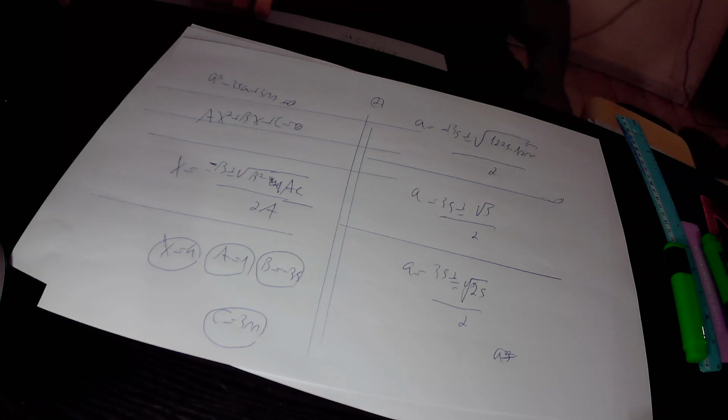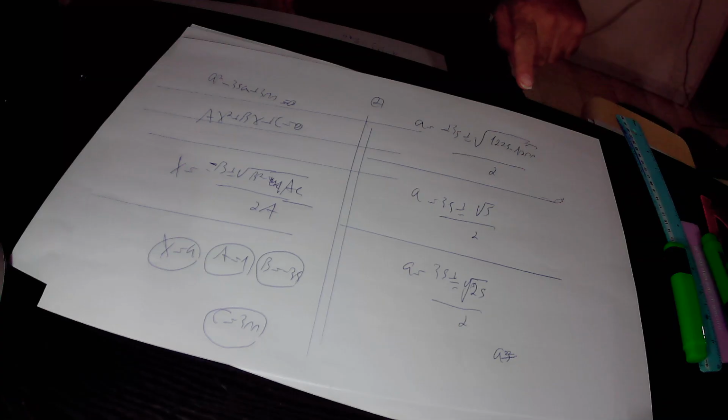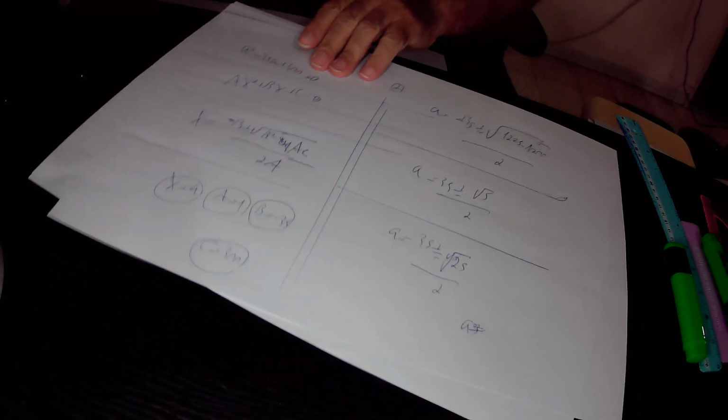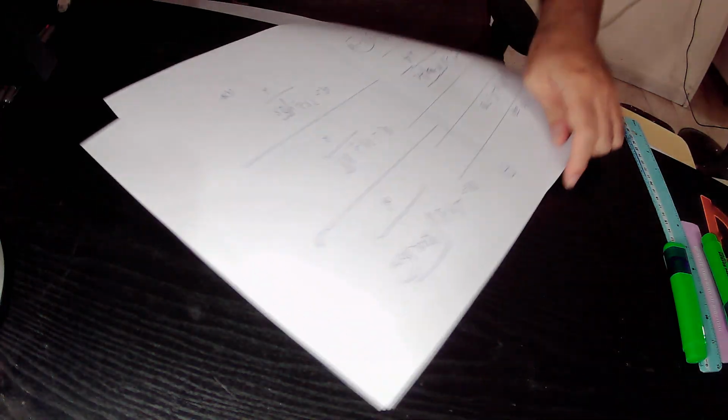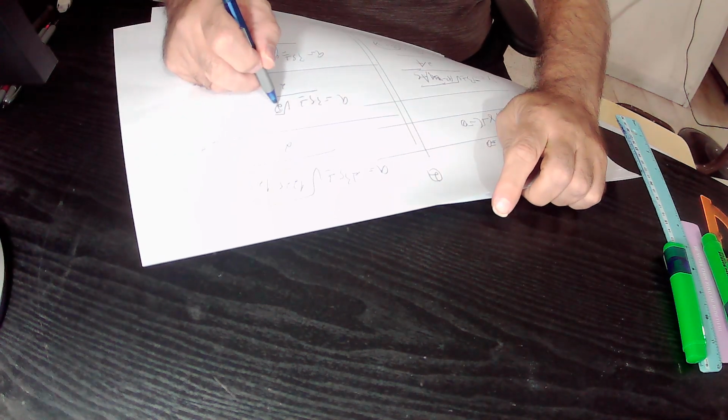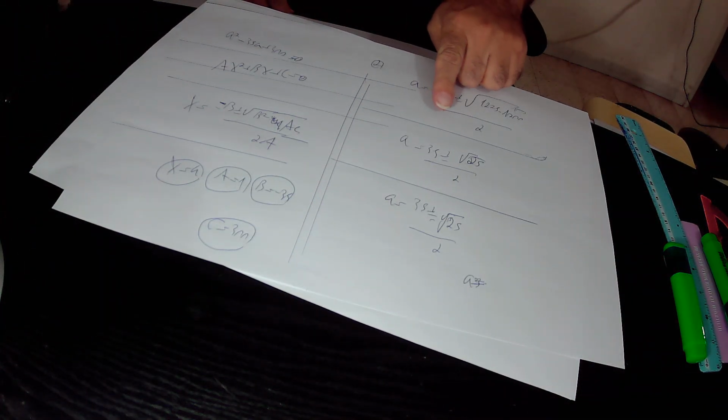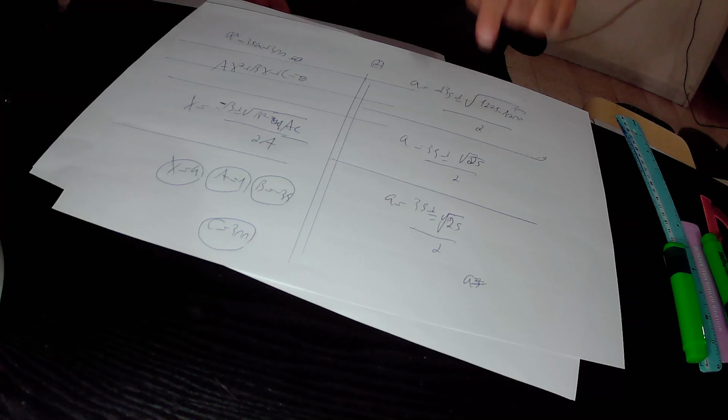So in total we have found that a equals 35 plus or minus the square root of 1225 minus 1200, over 2. 1225 minus 1200 is 25. So a equals 35 plus or minus the square root of 25, over 2.